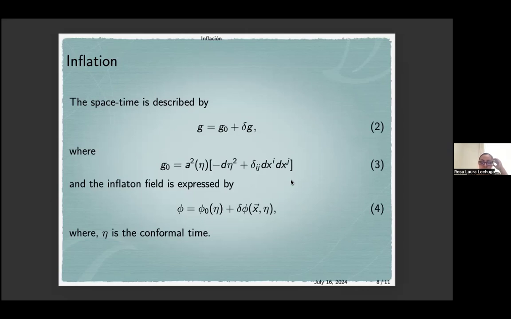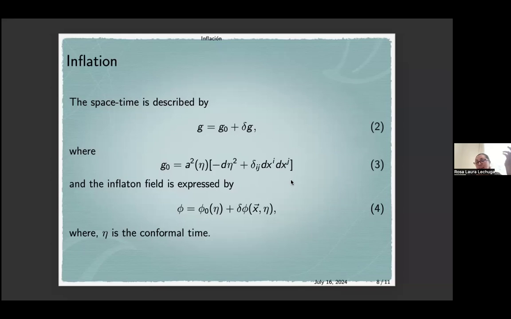One of them is the Hubble radius, which gives us a notion of a horizon for an event, for example. And we have a different notion of distance given by the particle horizon. The particle horizon tells us about the causally connected regions.